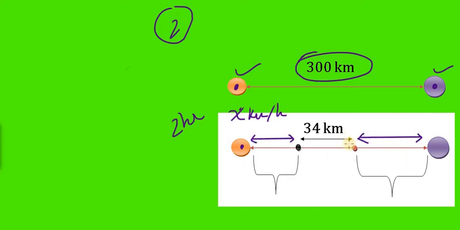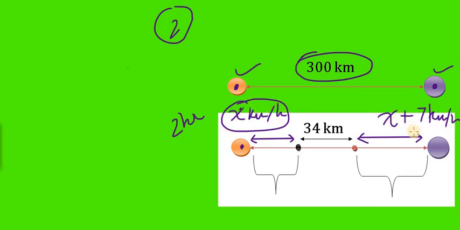So the reason why this distance is more than this distance is that this motorcyclist has a speed of x kilometer per hour, and this motorcyclist who has covered this much distance has x plus 7 kilometer per hour speed, isn't it? So this speed is more than this speed.